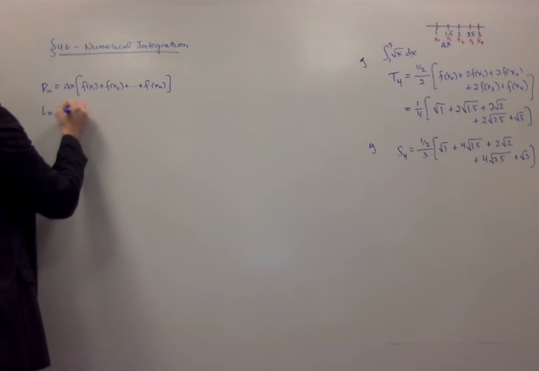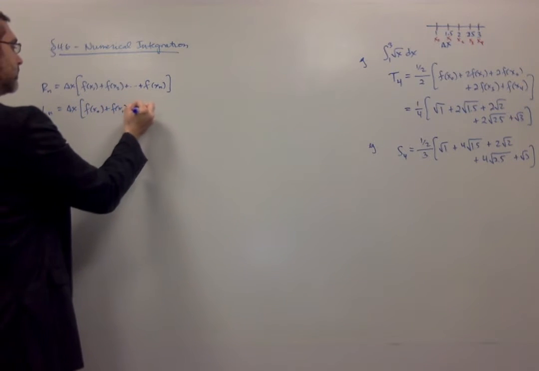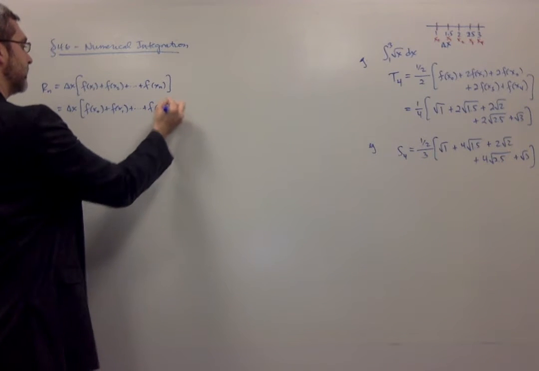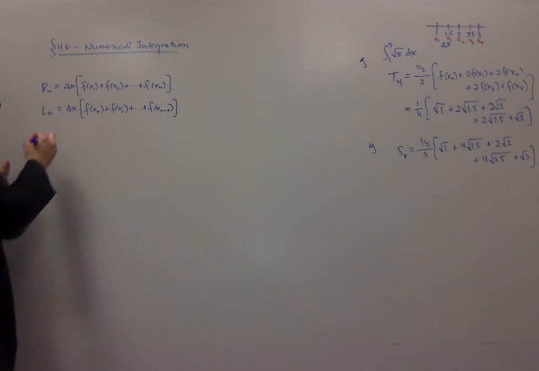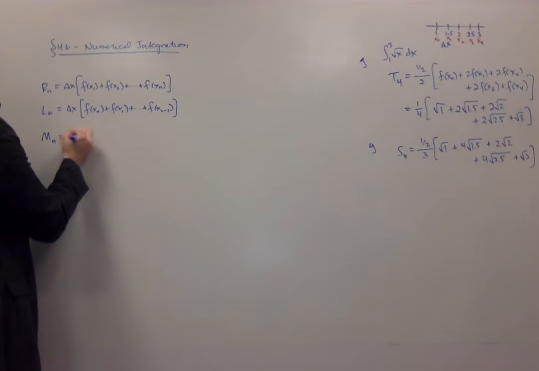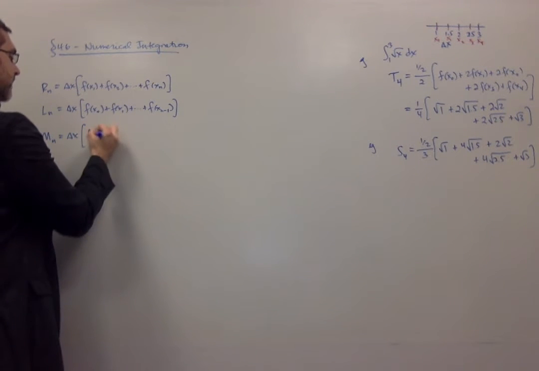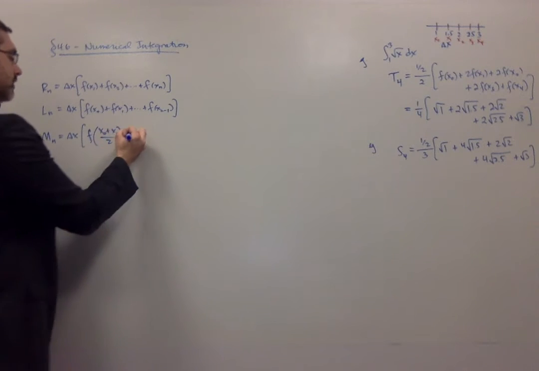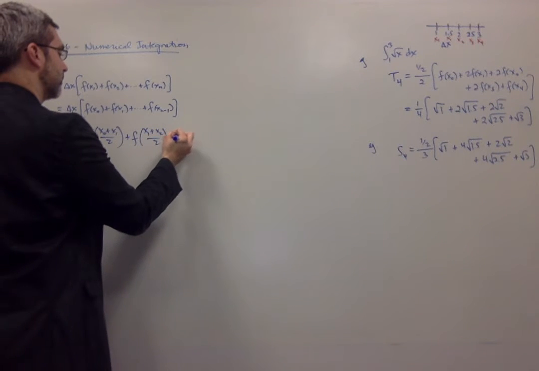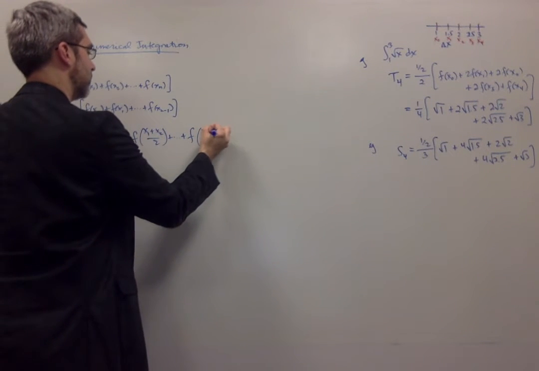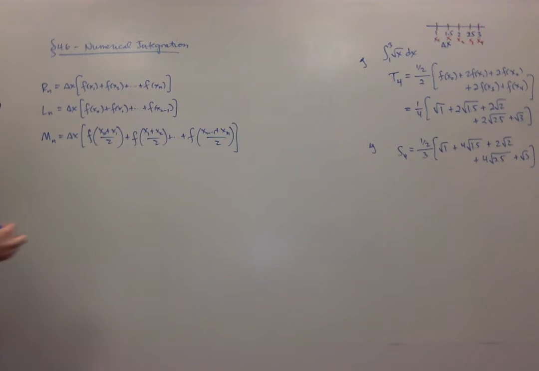Left endpoints was delta x times f of x0, f of x1, all the way up to f of x sub n minus 1. So that's right, left, midpoints, delta x, and then what I do is I take the point halfway in between x0 and x1, that's the average, and so on through the last pair. Okay, these are all using rectangles.